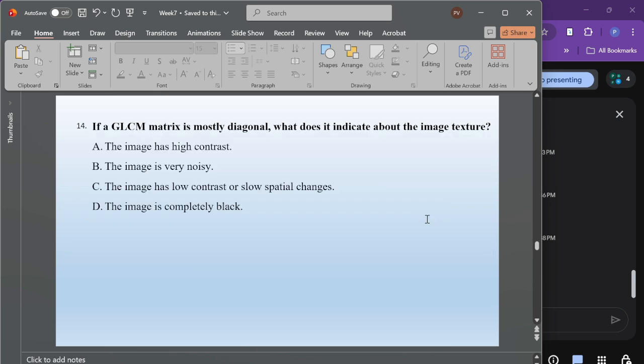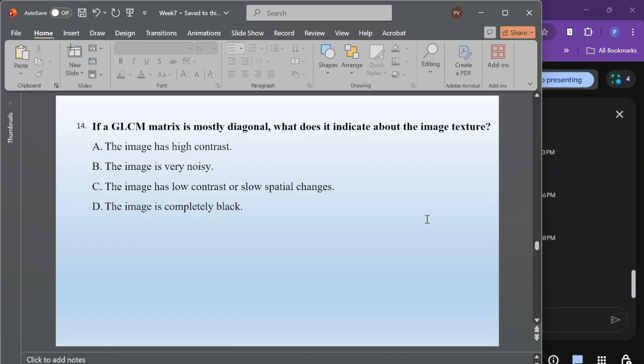So our next question is, if a GLCM matrix is mostly diagonal, what does it indicate about the image texture? Option A, the image has high contrast. Option B, the image is very noisy. Option C, the image has low contrast or slow spatial changes.